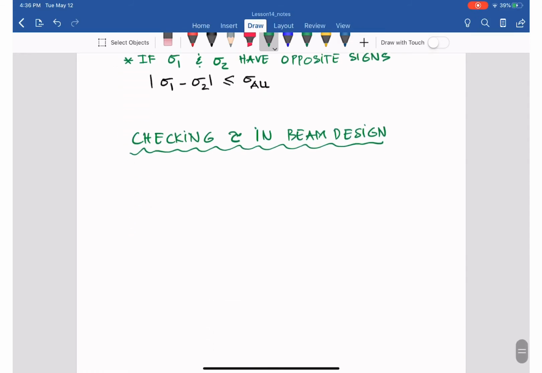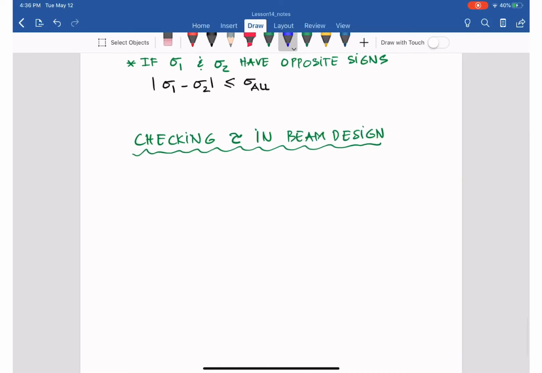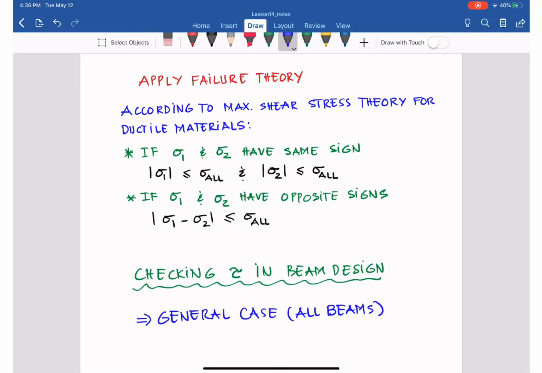For the general case, and for this class, I emphasize that we should apply the general case. It applies to all kinds of beams, whether standard shape or rectangular, etc. If you do the study guide, use this for this class.